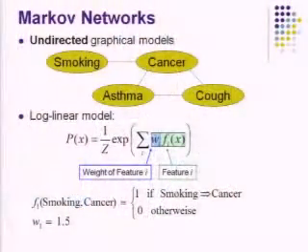Equivalently, this model can be represented as a log linear model. So it's an exponent of a linear combination of feature functions. Again, feature functions are defined over cliques in the graph, just as before, but note that these can be much more compact than the potential representation. For example, in this case, you may say that this feature is on, or 1, when smoking implies cancer.